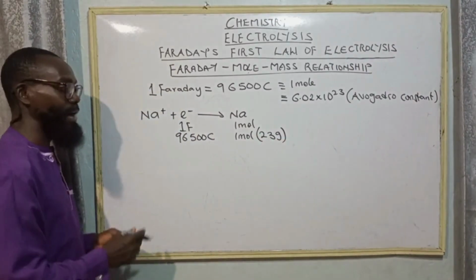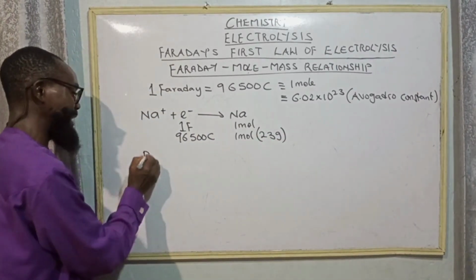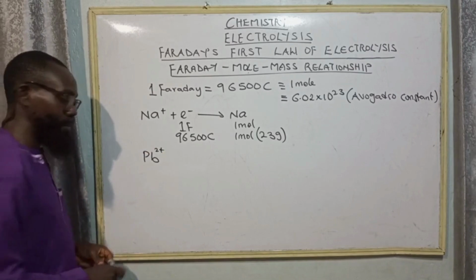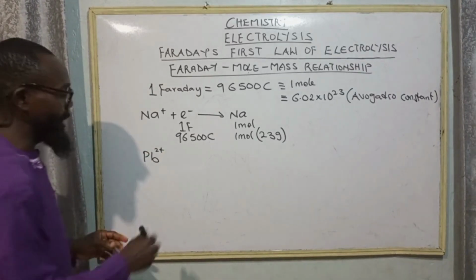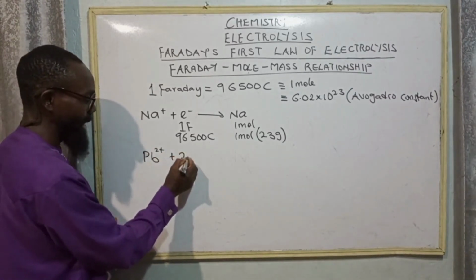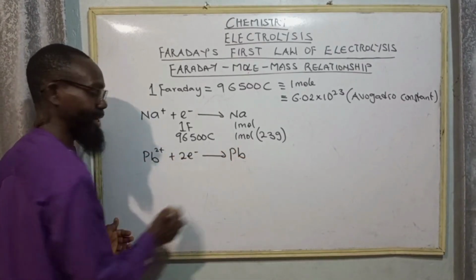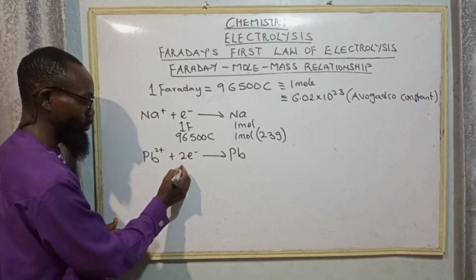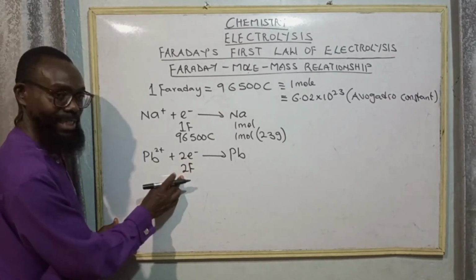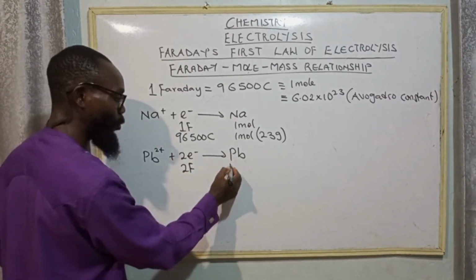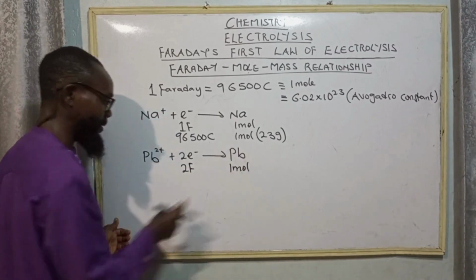Now, let's say we have divalent elements like lead, Pb2+. When it accepts 2 electrons, it's going to be deposited as Pb, as our solid. So this one now is 2 Faradays of electricity. We'll be depositing 1 mole of lead.